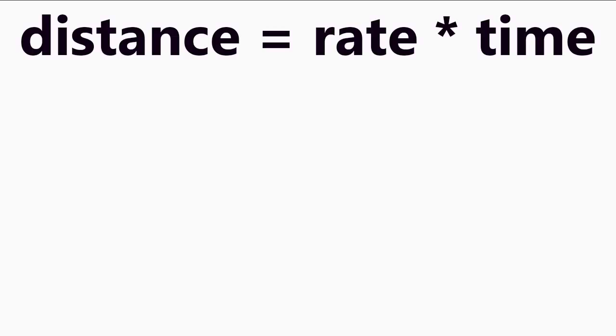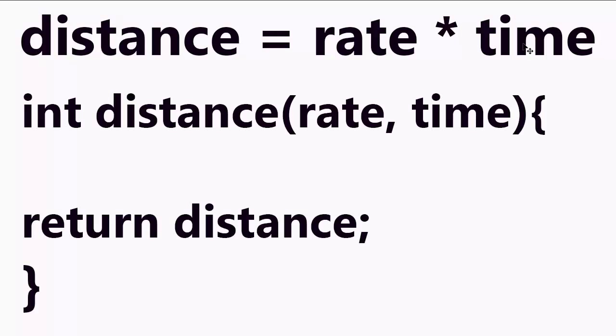So here we have a real-world function that you would see in maybe Algebra 1 or pre-algebra or something like that. Distance equals rate times time. Okay, so I just want to compare this to the way you would see it in C++. The function is giving us back an integer, distance.